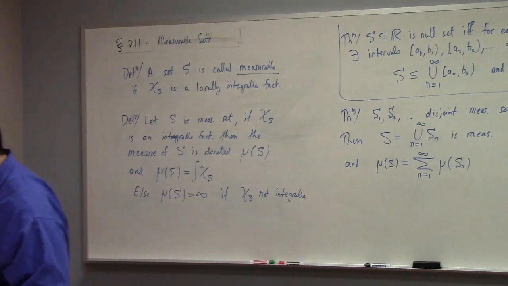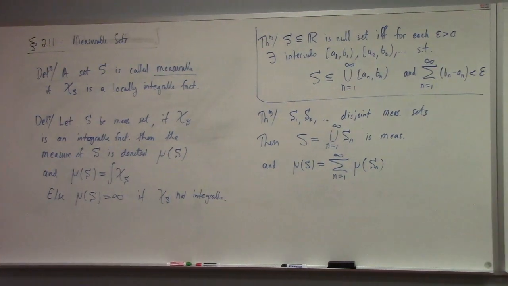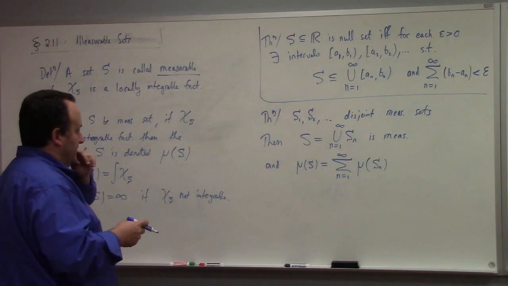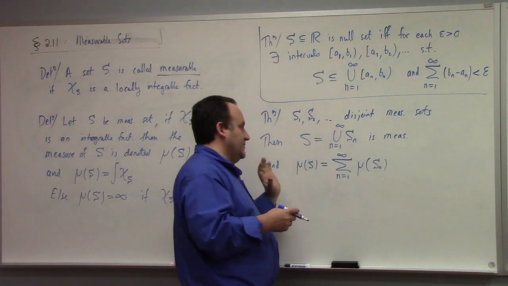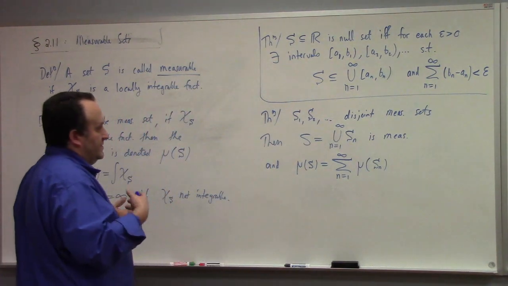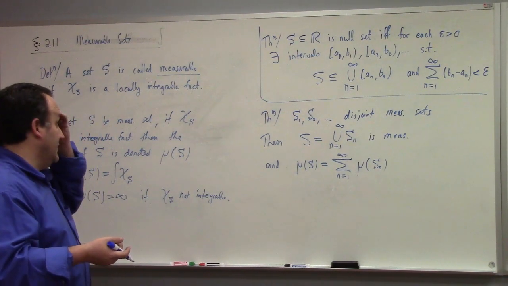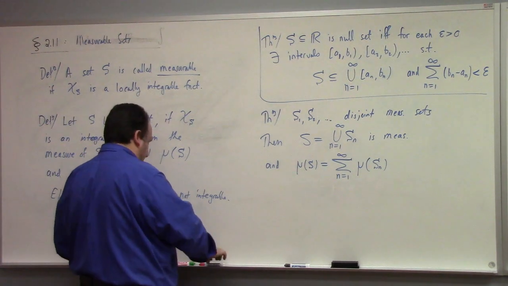This could be a divergent series, right? So disjoint measurable sets, and there are infinitely many of them. So for the remaining time today, let's just try to look at some concrete things about this idea.